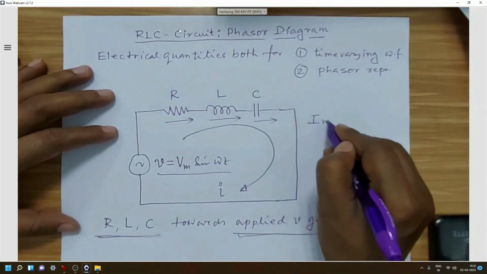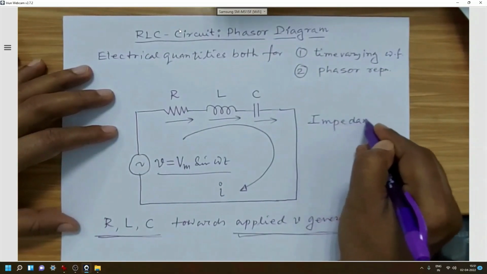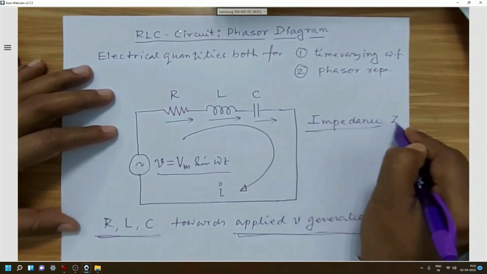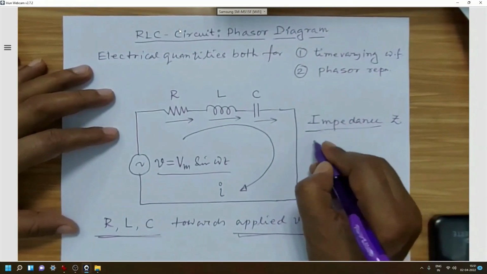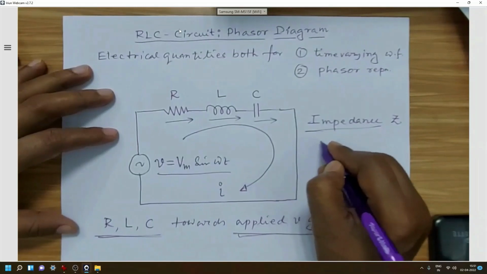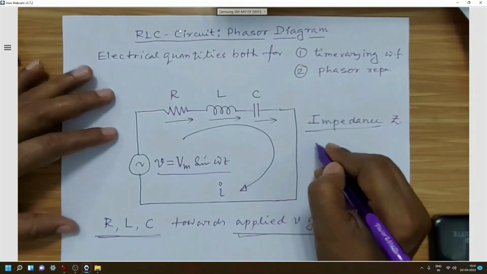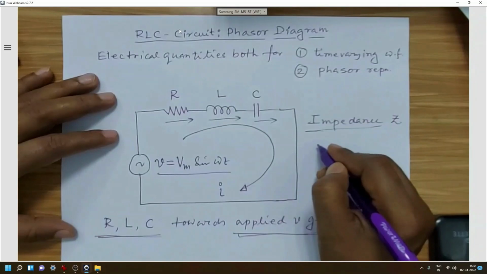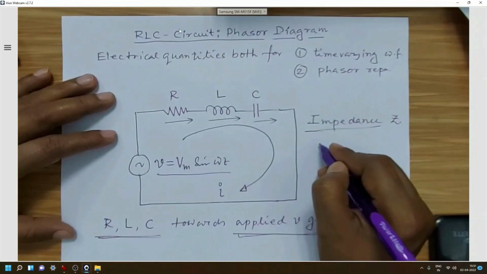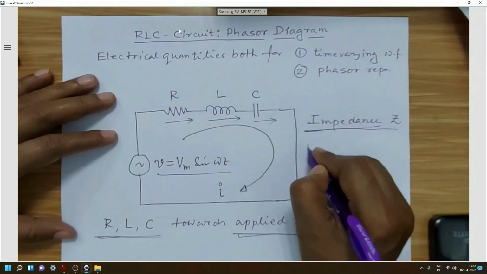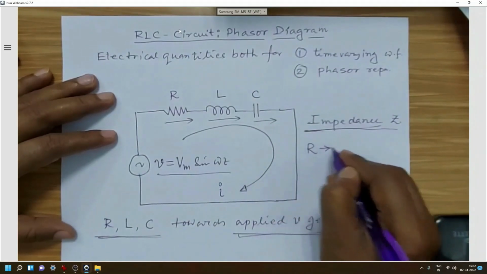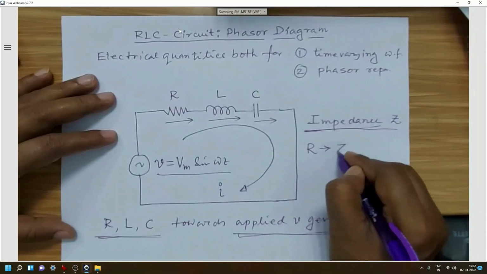So the impedance, which is denoted by Z, is the property of R, L or C, either individually or collectively, by which they try to oppose the electrical current being conducted through it. So R will also show some impedance, that is called, say, ZR.